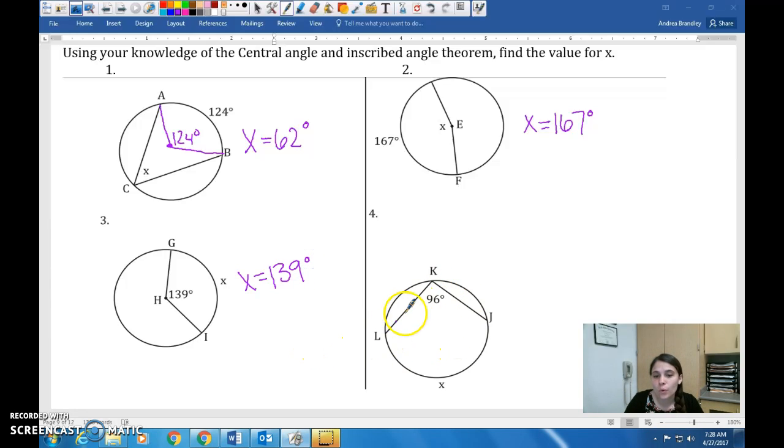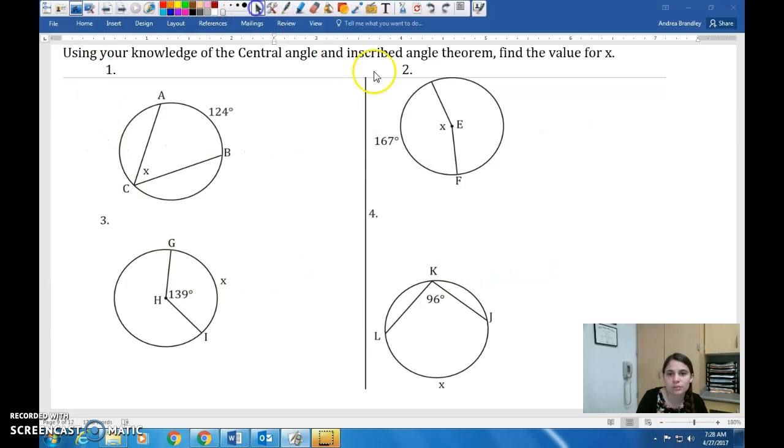And on number 4, we have an inscribed angle of 96. What is the arc measure or the central angle? Those would be the same. So that's double 96, which is 192 degrees. Those are just a few examples of how we can use those theorems to help us find those missing angles.